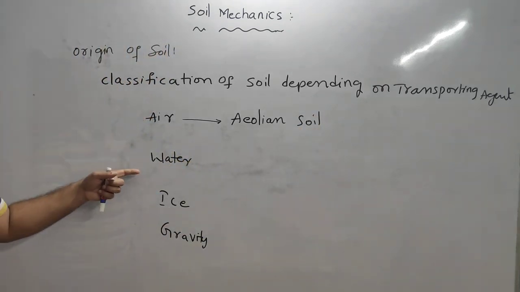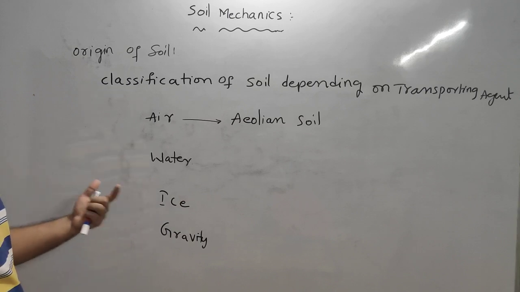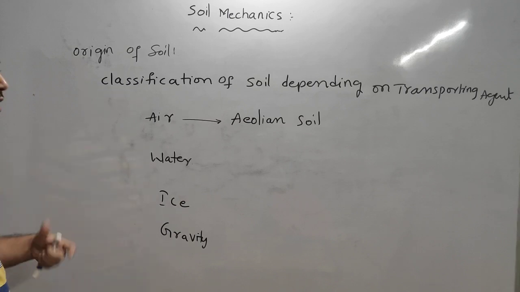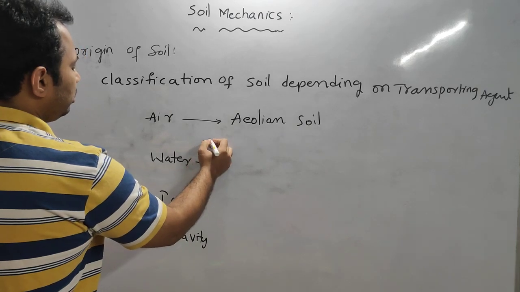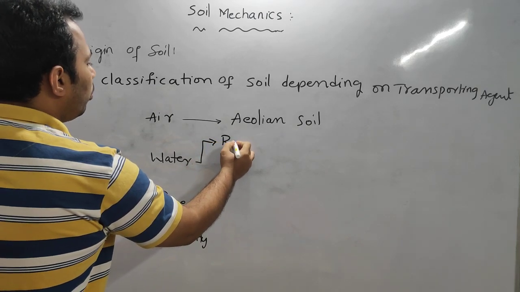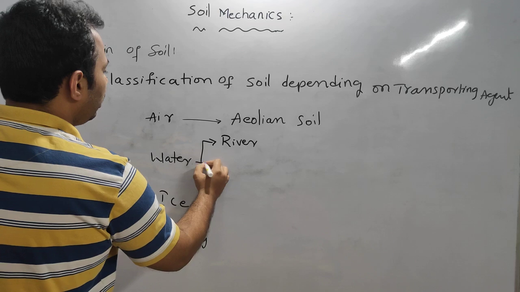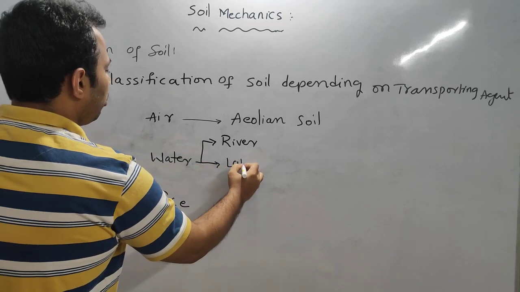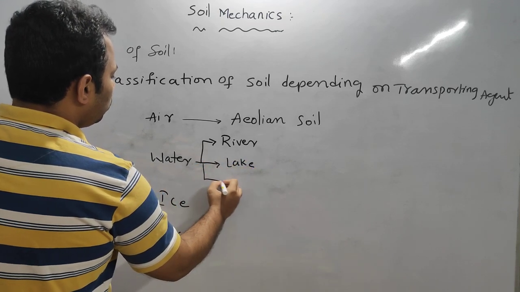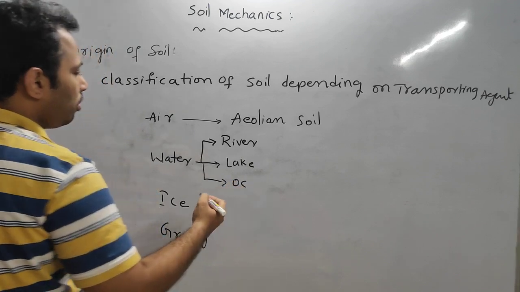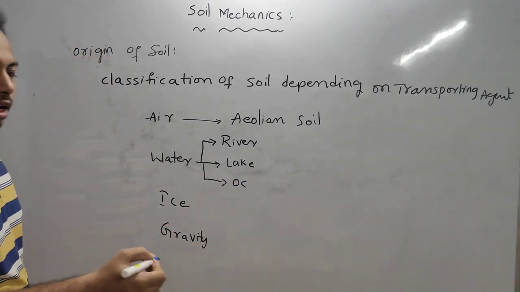If it is water, then again in water there are different forms of water. Water can exist in the form of a river, a lake, or an ocean. So different forms of water create different kinds of soil.